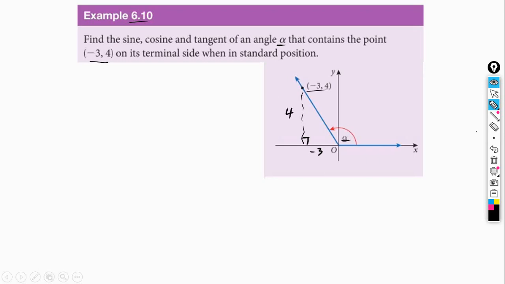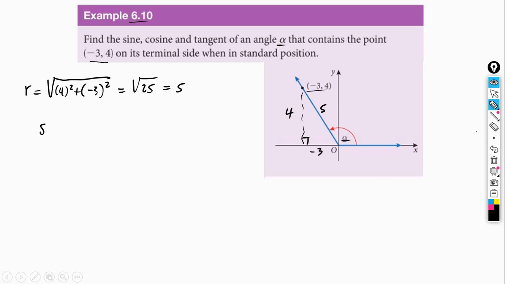We need to find r, or the hypotenuse, and we know that r is going to equal, from Pythagoras, the square root of 4 squared plus (-3) squared. And this is going to be the square root of 25, which is equal to 5. So then we know that this distance here is 5 units. And then we're all set to write down the trigonometric ratios.